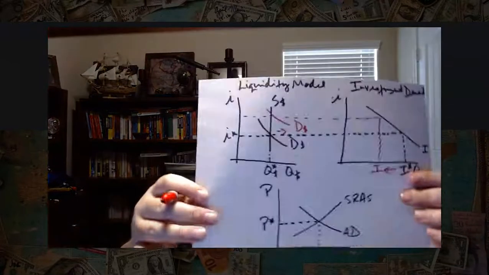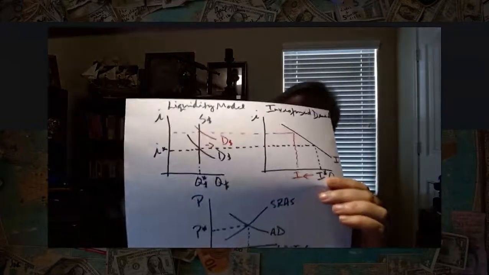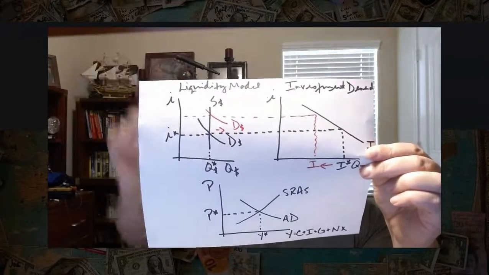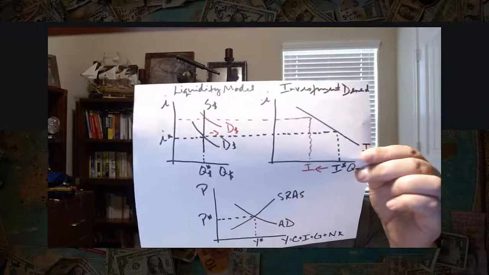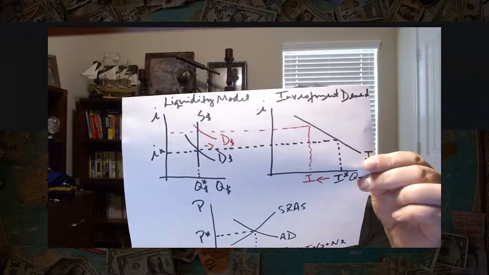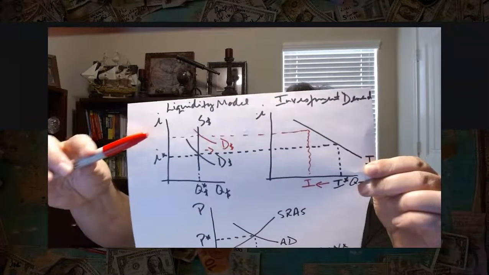When they do that, that's a rightward shift of my demand curve. It's now intersecting my supply curve in a different place, in a higher place. And so interest, let me draw an up arrow there for interest.